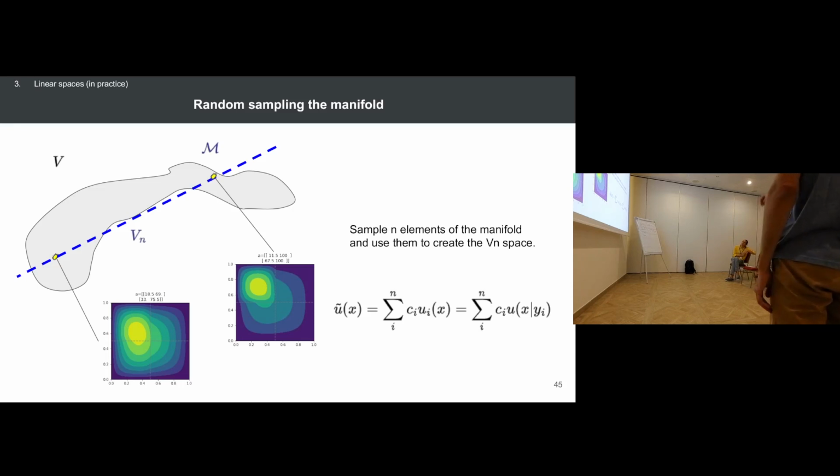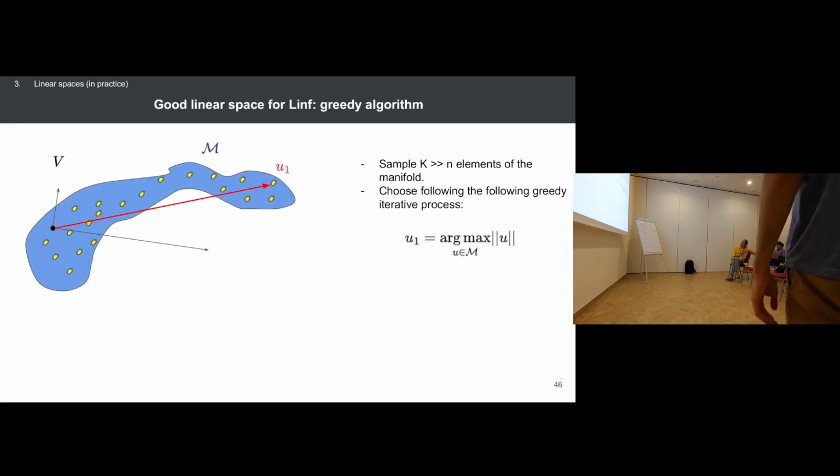One comment is that each element of our space belongs to the manifold, so it is itself a particular solution of the differential equation. However, once you move inside, when you project while solving one of the problems, you may lie outside, because you are just using this linear space. But the elements you choose at the beginning are from the manifold.